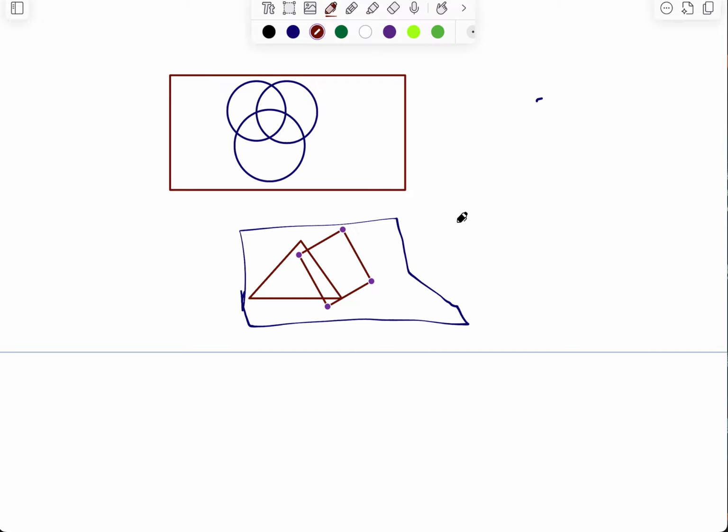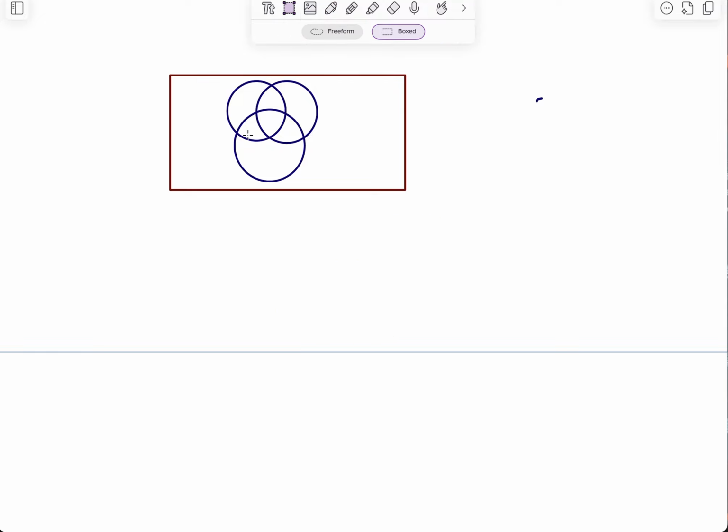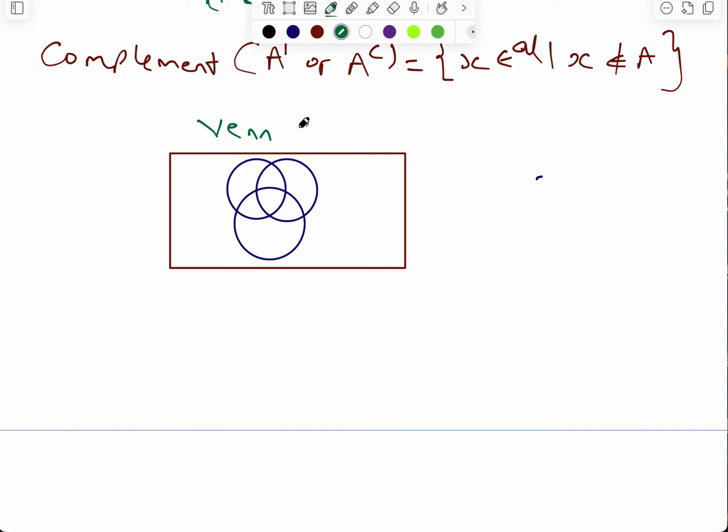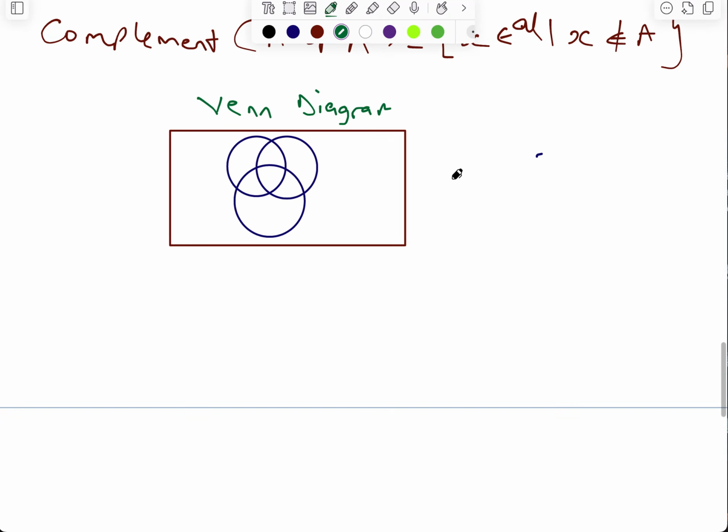So let's go to how we actually draw a Venn diagram. There are three things that you need to take note of. The first is how to identify union.